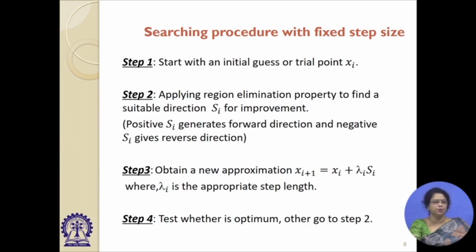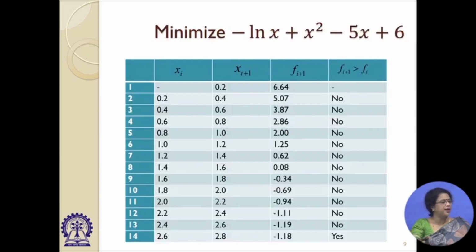How to get it? I have found one problem for you. This is the function for us. The function is unimodal from 0 to 1, the initial starting point is 0, and we are considering the step size 0.2. The initial interval of uncertainty is 0 to 1. Since I am starting from 0, I have to move to the right.